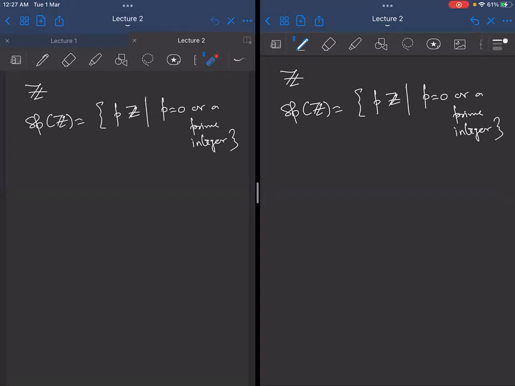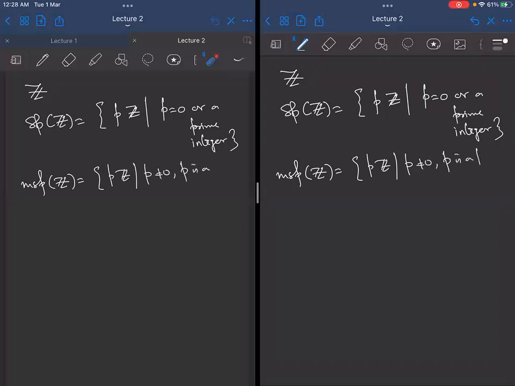So this is easy to check that Spec Z contains all these elements only. Similarly, you can also check that the maximal spectrum of Z consists of only non-zero primes.